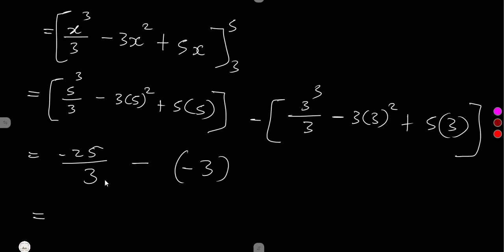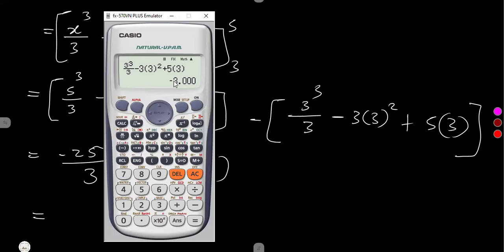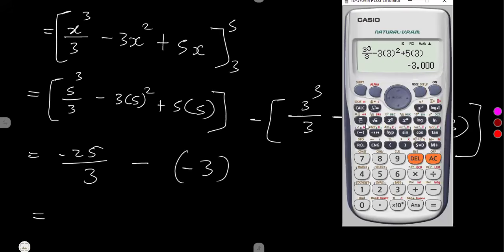So you are going to combine these two and see that's negative 25 over 3 minus, what are we subtracting? A minus 3. So it was going to give us negative 16 over 3, or as a decimal, negative 5.333.